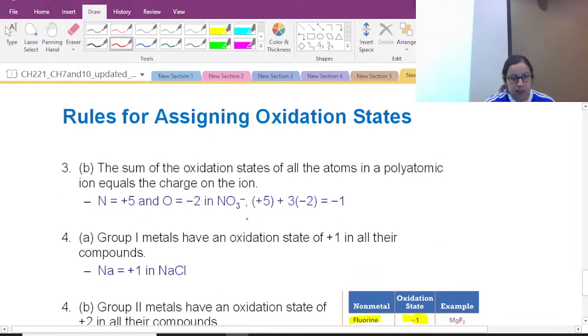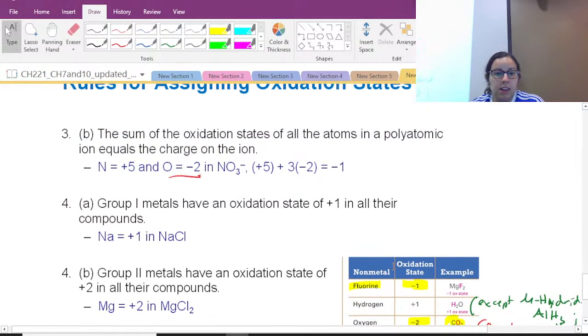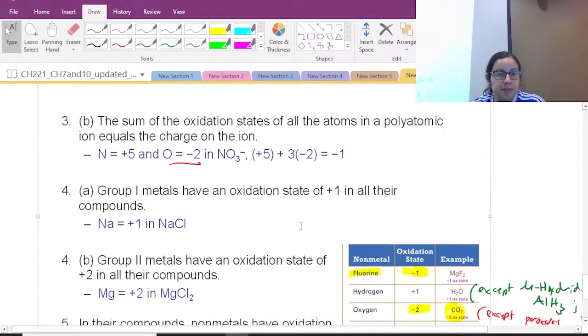Let's look at these examples. If we look at nitrate, that's NO3 with a negative charge on it, then we base it off of our oxygen first, because that's the highest on the list. If oxygen is -2, that means nitrogen is +5. Again, that's where you get those weird formalities.